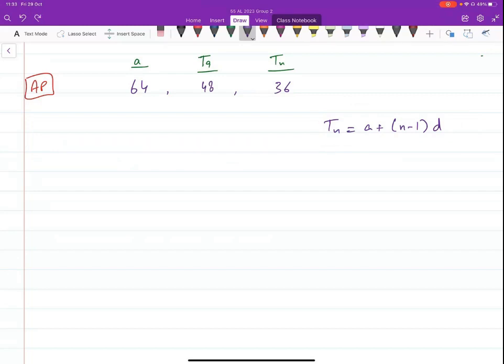We know the nth term is 36, so we input 36 here. We know the first term is 64, we input that here as well. We don't know n, we have to figure that out. But we do not even know the difference. How will we find the difference?